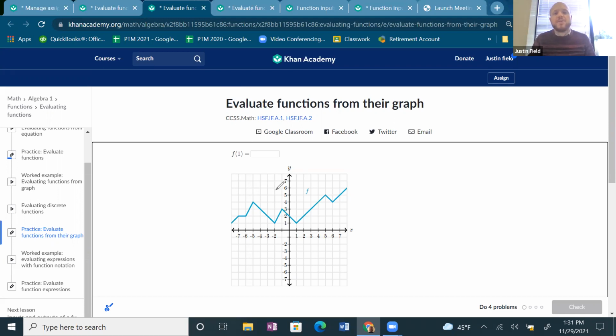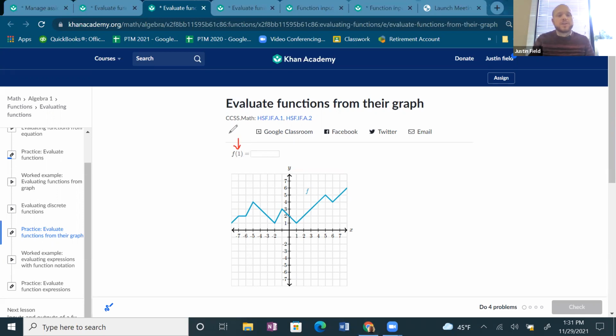All right, so this is a graph of function f. Function f is graphed in blue. We can graph multiple functions on one coordinate plane. All right, and then our input is 1. Now, I do want to say another thing about inputs and outputs. Let's make a little table. The in, the out.